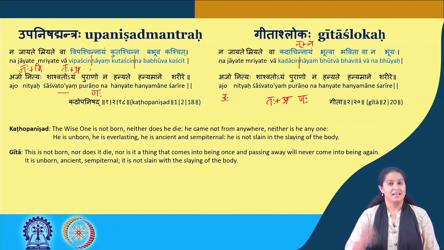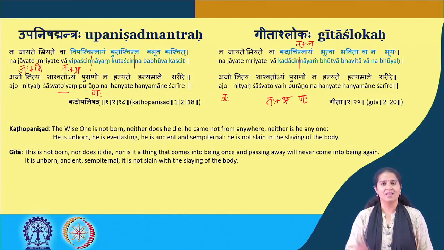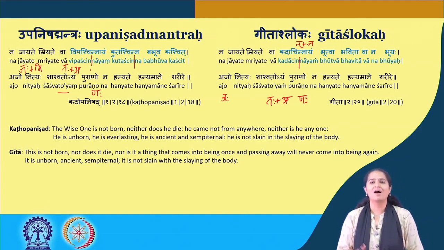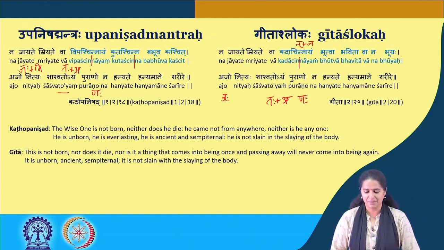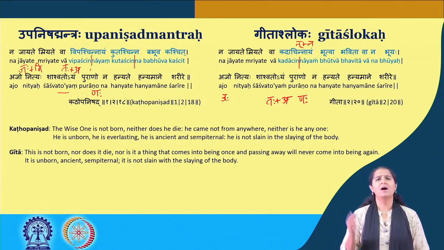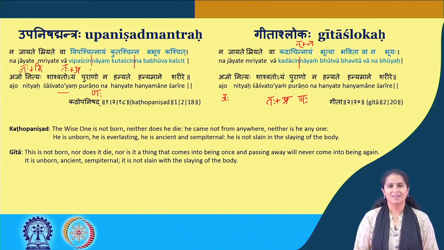And in the Gita, na jayate mriyate va kadachin. Nayam bhutva bhavita va na bhuyah. Ajo nitya shashvatoyam purano. Nahanyate hanyamane sharire.